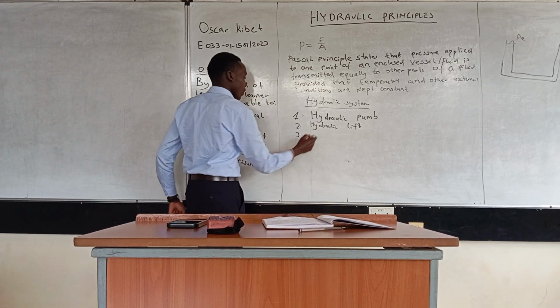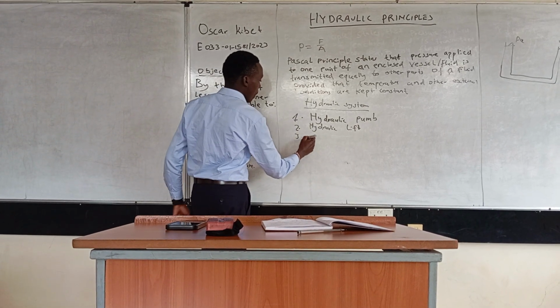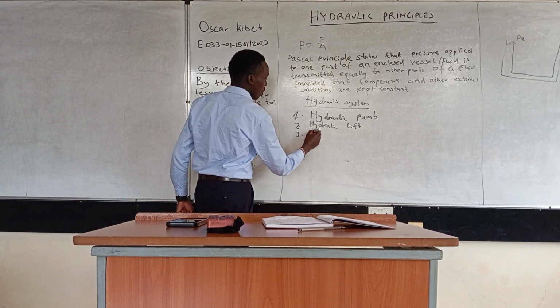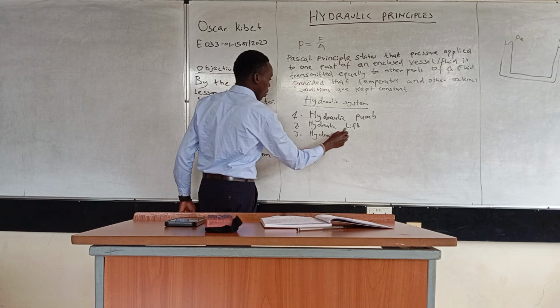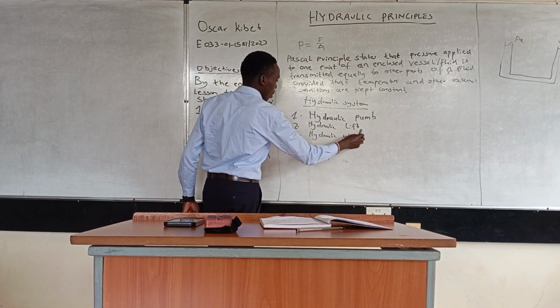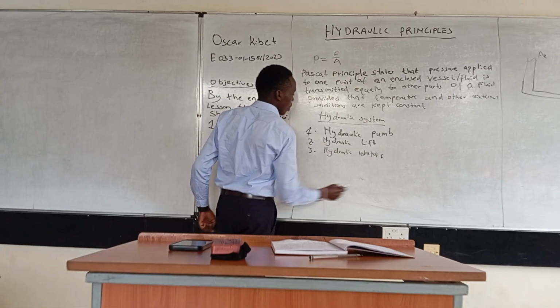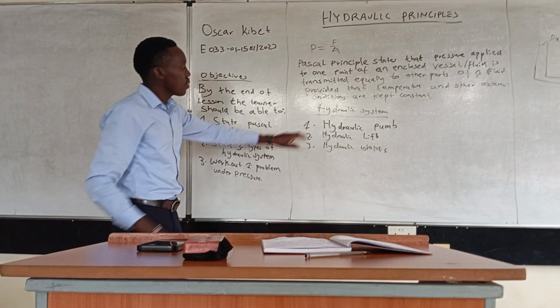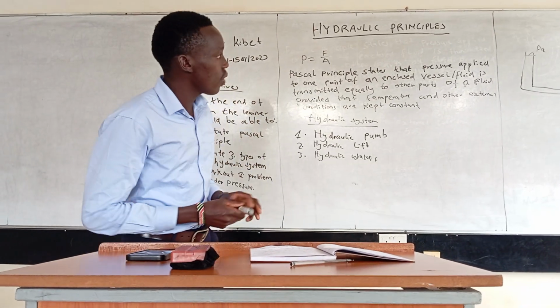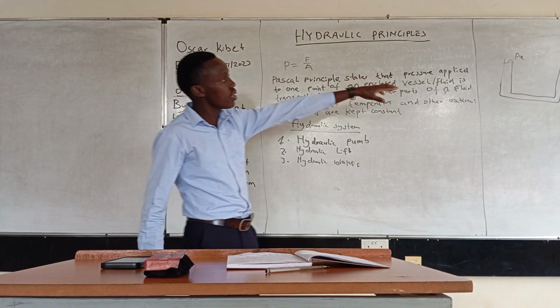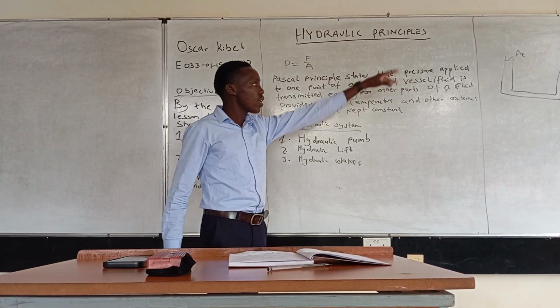Number three, we have hydraulic brakes. This system works under this law or this principle. Here we say that pressure applied at a point will be transmitted equally to the other parts.